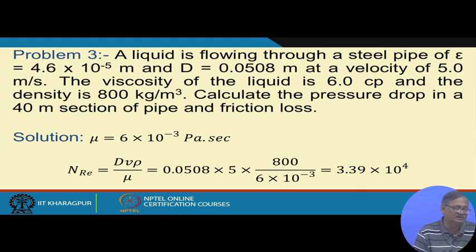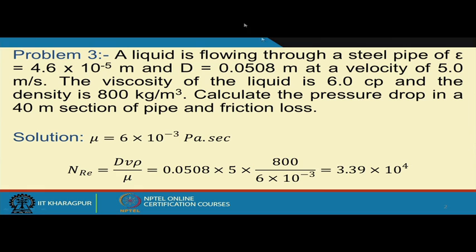So, let me repeat, a liquid is flowing through a steel pipe of epsilon having the value of 4.6 times 10 to the minus 5 meter, right. This is called equivalent roughness, and d as diameter is 0.0508 meter at a velocity of 5 meter per second.